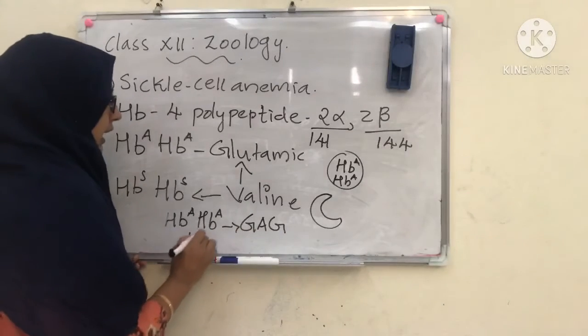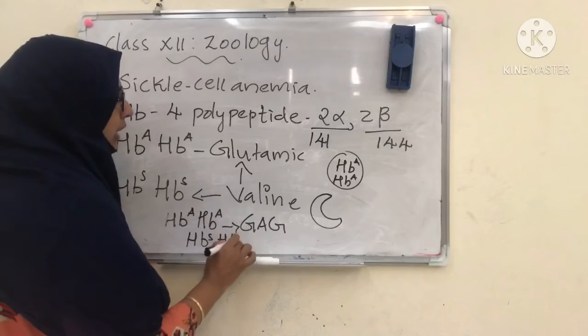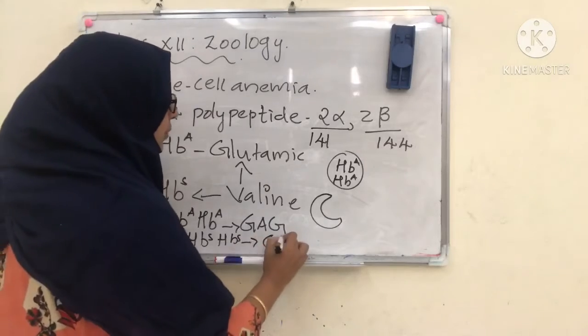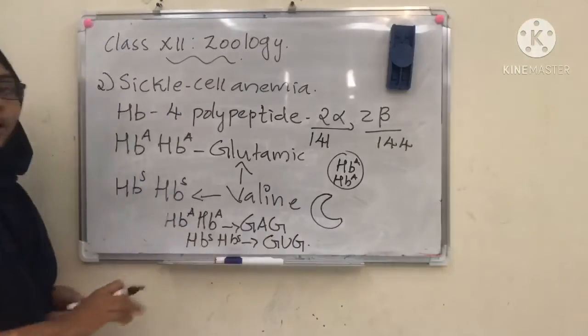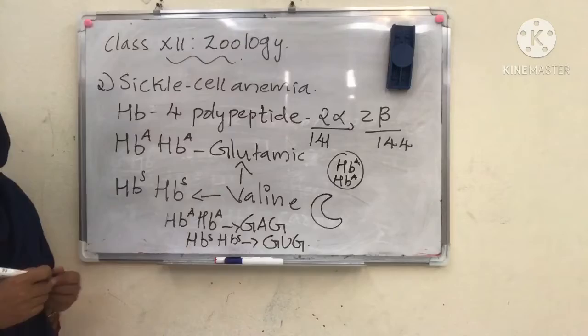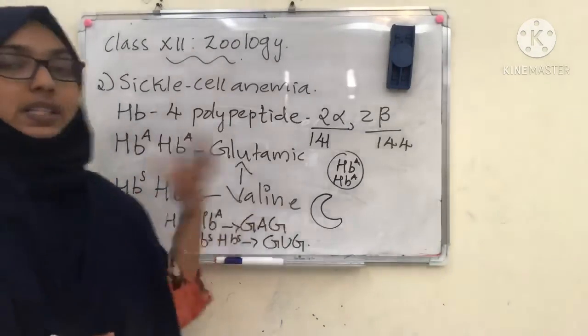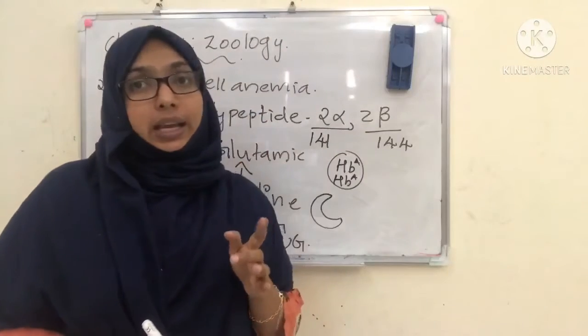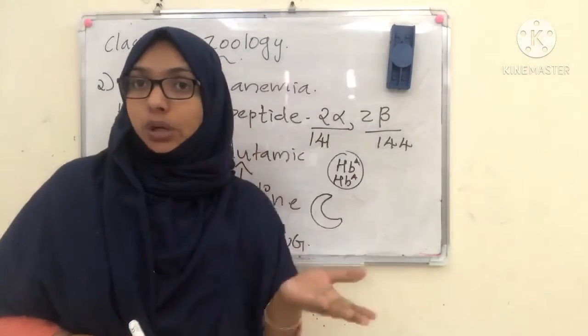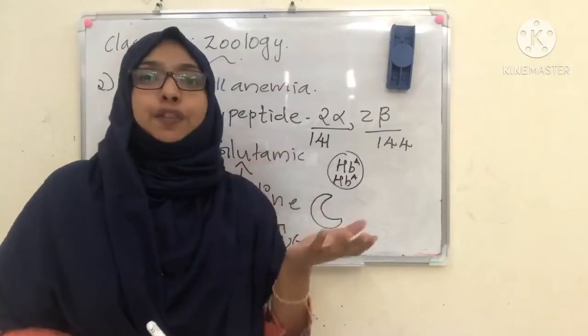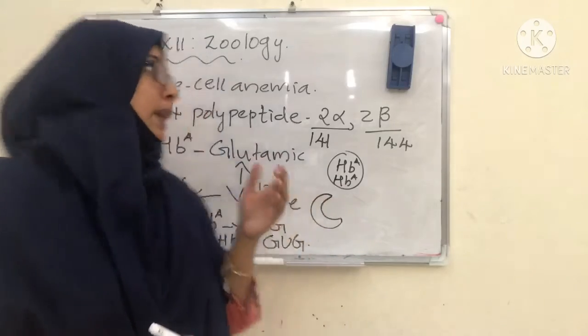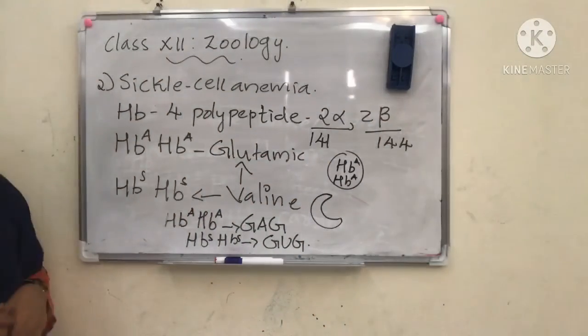But in the case of HBS, it will be replaced by valine, and this codon will be given, GUG, which is entirely different from the normal one, which causes the sickling of the cell and thus leads to hemolytic anemia, which may be fatal.